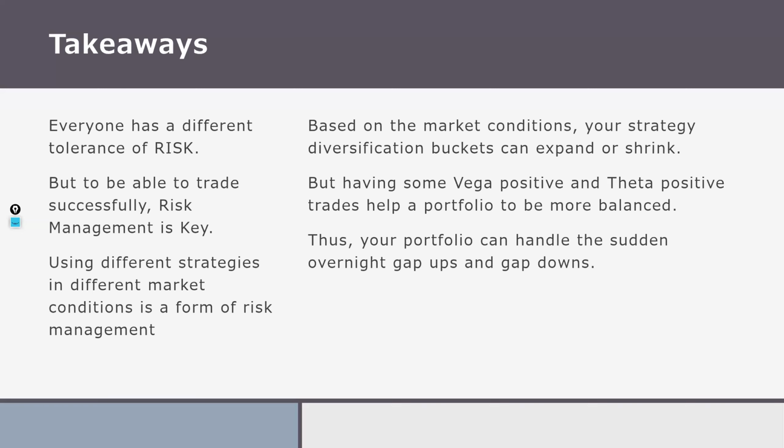Having some theta positive and vega positive trades definitely helps your portfolio to remain balanced. At least my portfolio now doesn't have that, where you get up and one day SPX is down 100 points, you're not going to have huge drawdowns.